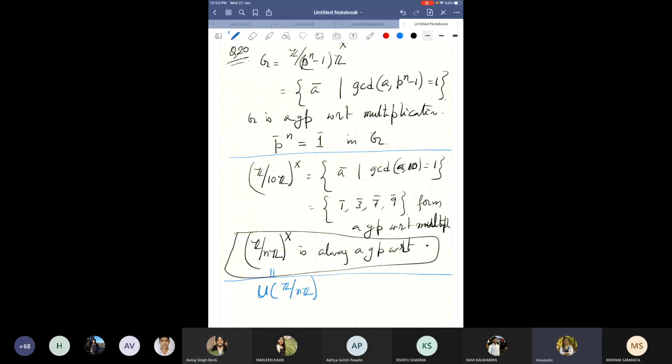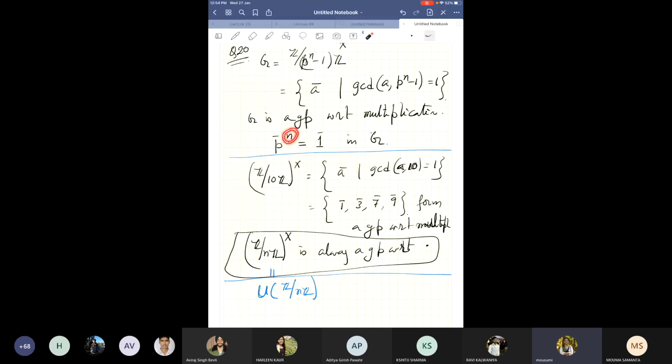So now I have shown that p bar to the power n is giving me identity, but I want to prove that n is the smallest positive power which is giving this identity, then the order of p bar will be equal to n, right? So suppose that there exists some integer smaller than n such that p bar to the power that integer is giving you identity.